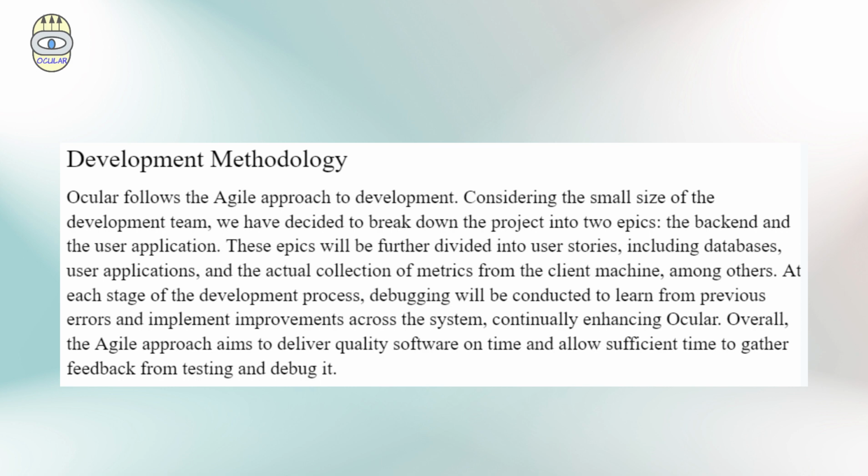Debugging is performed at each development stage, learning from errors and implementing improvements to enhance Ocular continually. The Agile approach focuses on delivering quality software promptly, providing time for testing and debugging. It emphasizes gathering feedback to ensure iterative refinements, promoting adaptability and responsiveness throughout the development lifecycle.